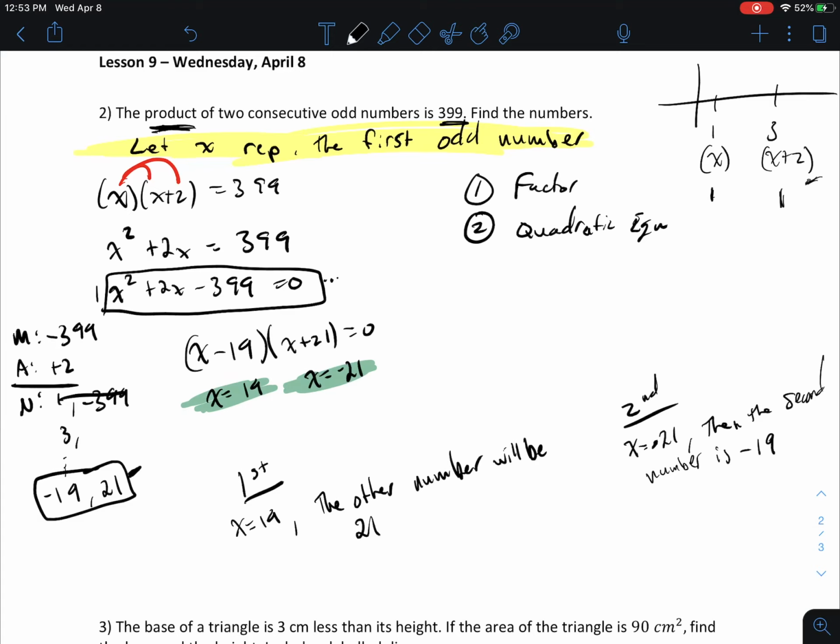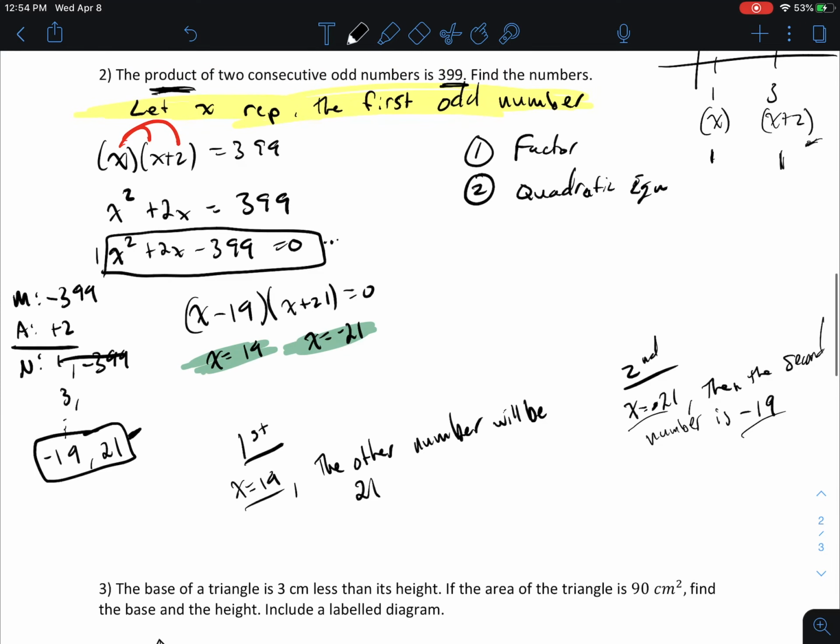So there are your two answers. Actually there's 4 numbers that satisfy this. When x is equal to 19, then the second number is going to be 21, or x can equal negative 21, and the second number can be negative 19. Both of those answers multiply to 399.